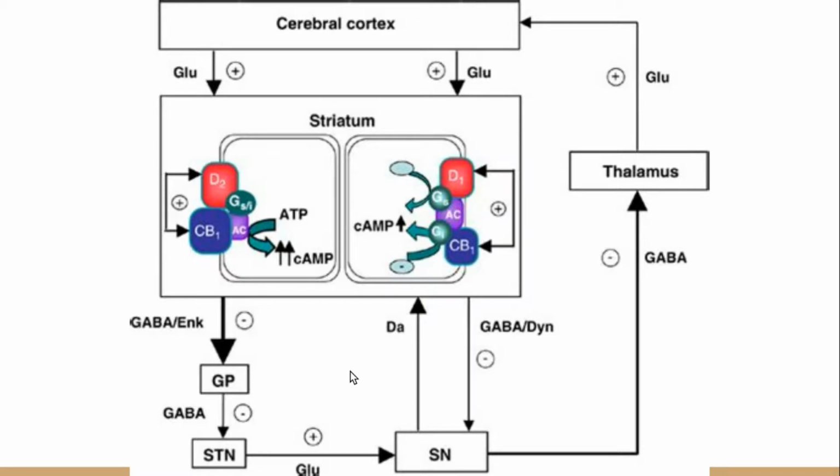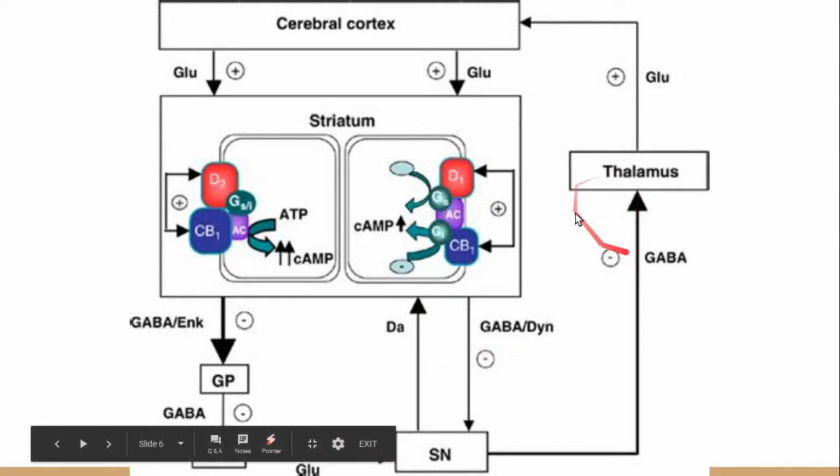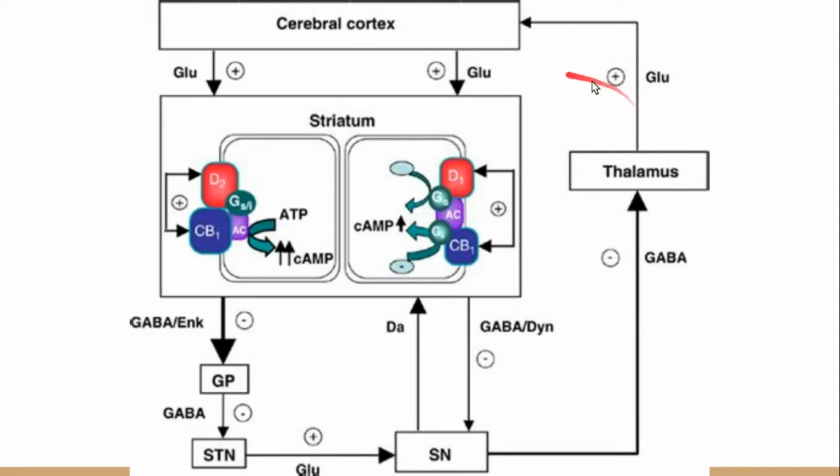So the striatum, activated by motor cortex, deactivates subthalamic nuclei and substantia nigra. This renders these nuclei unable to inhibit the thalamus. And this results in increased stimuli entering and activating the cerebral cortex.